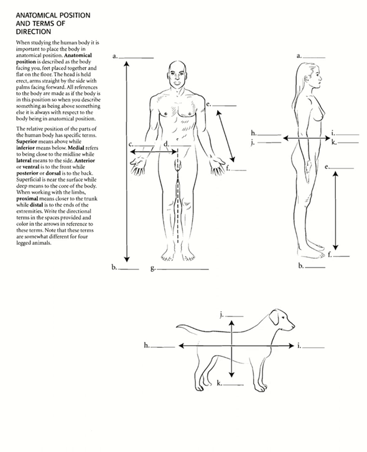terms of direction. I'm going to go a little bit out of order, not much, but let's go ahead and start with this guy at the top left. He is standing in what we refer to as anatomical position.